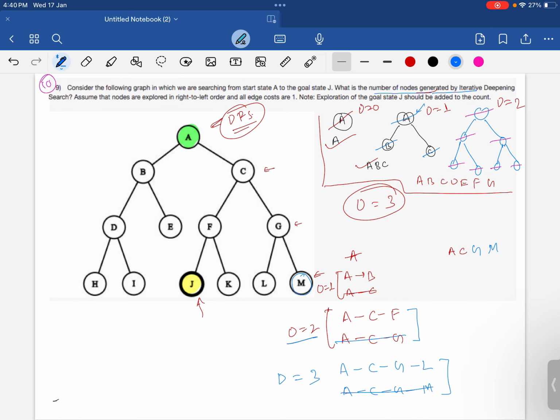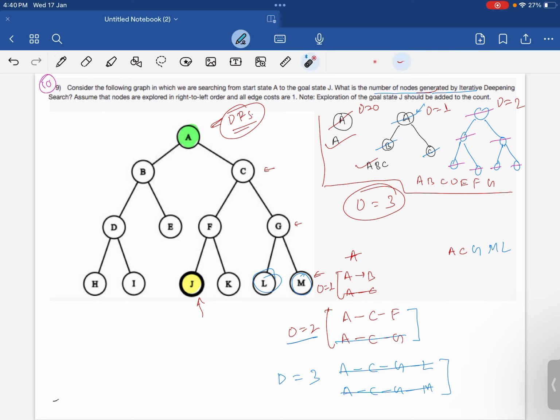M has no successor. Now again I will look at my fringe for the highest depth. This one has the highest depth, so I explore it and cut it down. It has no successor, so nothing is added to the fringe.